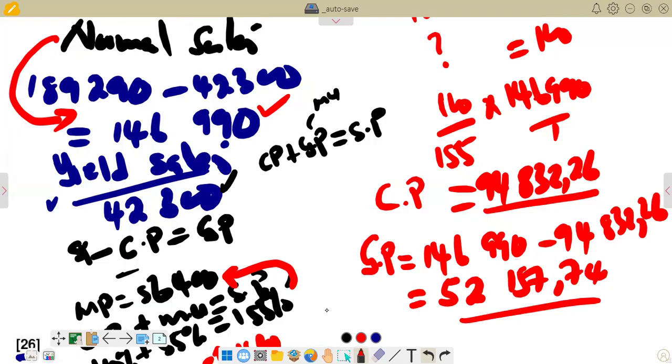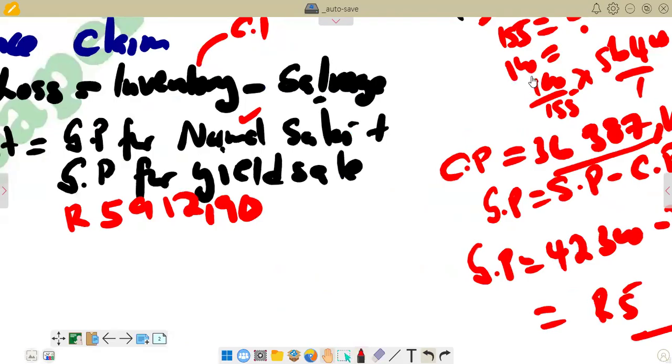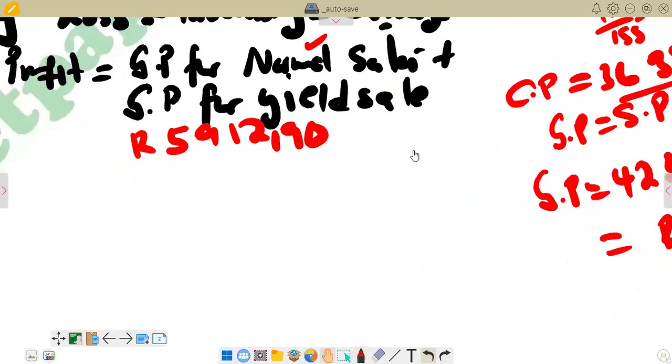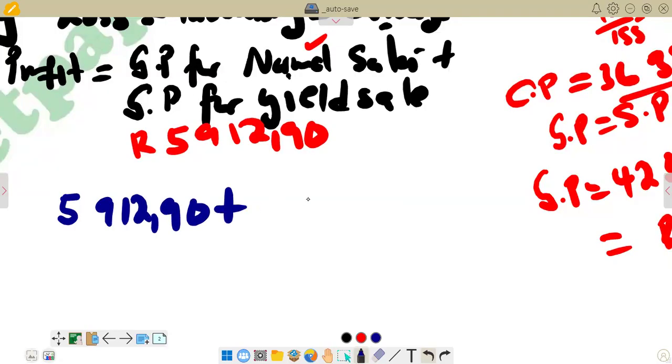So to find the total gross profit now, we are going to add it to gross profit on yield sales. So we are now employing that formula whereby we are saying gross profit for normal sales plus gross profit for yield sales. So this one for yield sales is 5,912.90, plus the one that we have for normal sales, which is now 52,157.74.